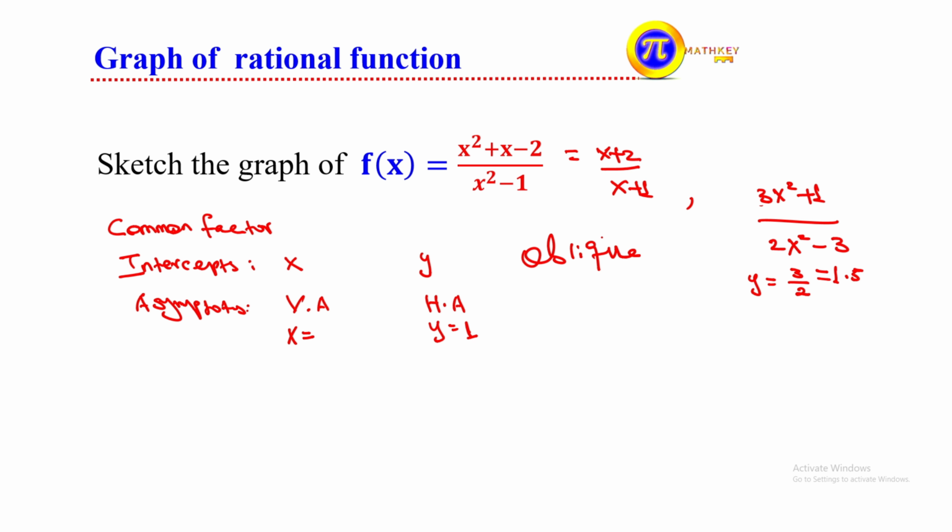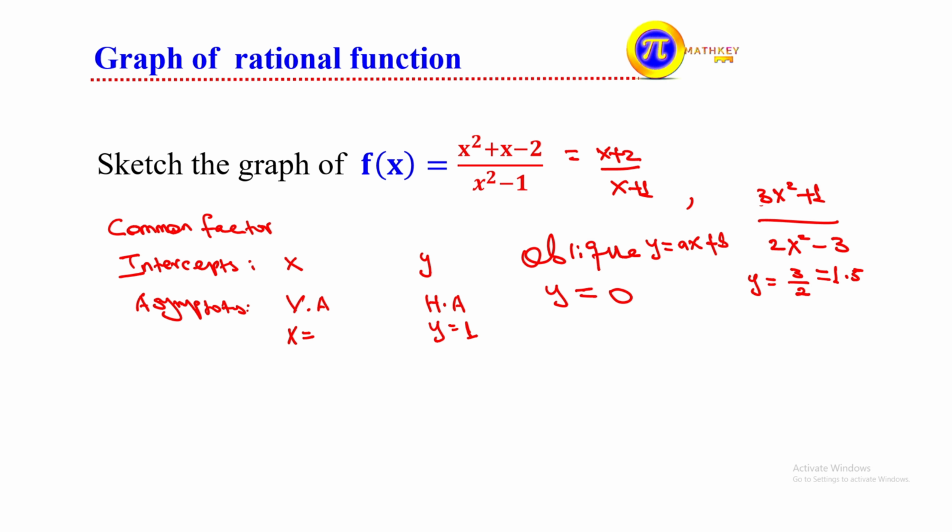The other one: if the degree of the numerator is less than the degree of the denominator, the horizontal asymptote is y equals 0. But if the degree of the numerator is greater than the degree of the denominator, we have an oblique asymptote, y equals something, which may be of the form ax plus b or other forms.